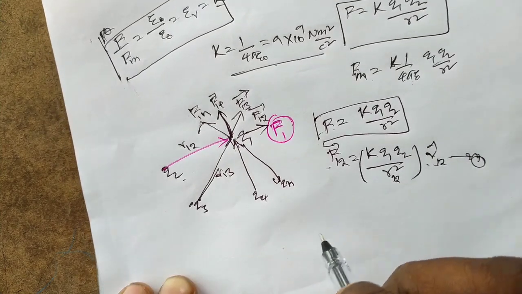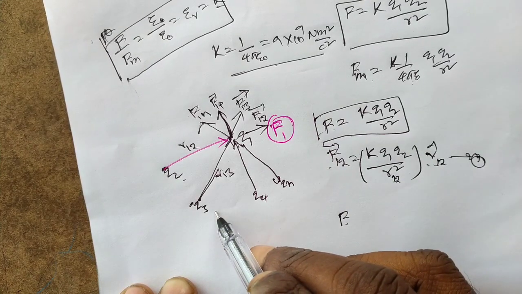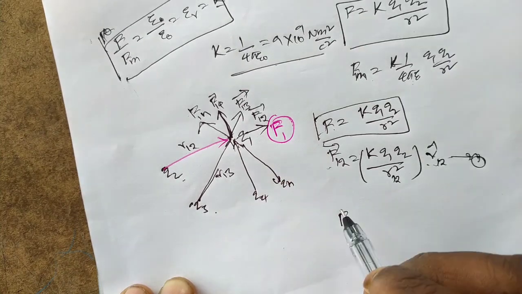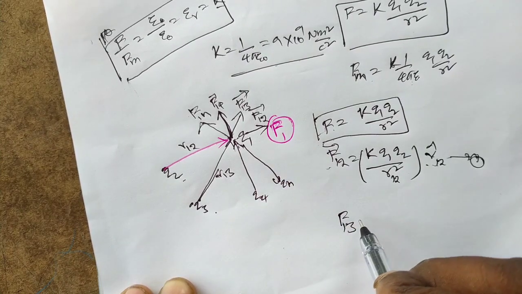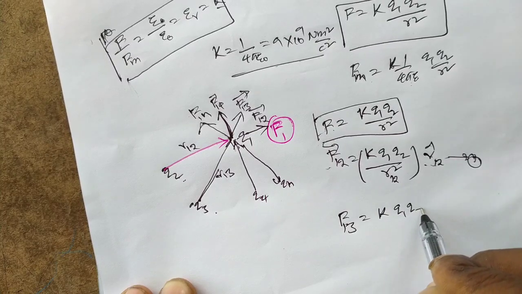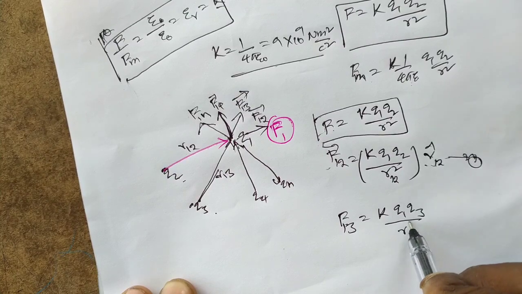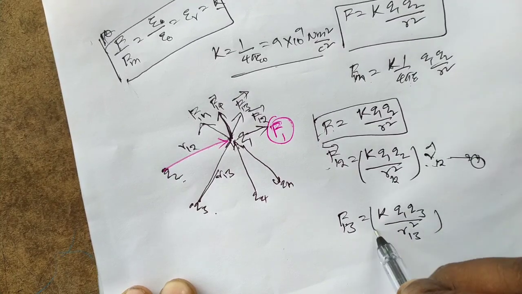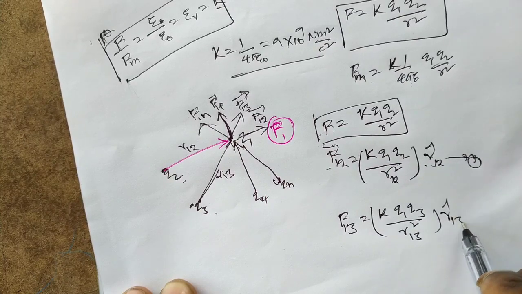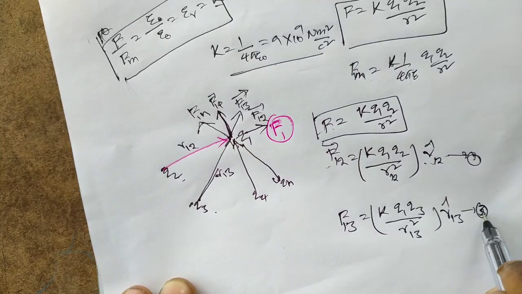Suppose the force on the first charge due to the third charge, that is F13. F13 is equal to K Q1 Q3 by R13 square, in the direction R13 cap. That is equation number 2.